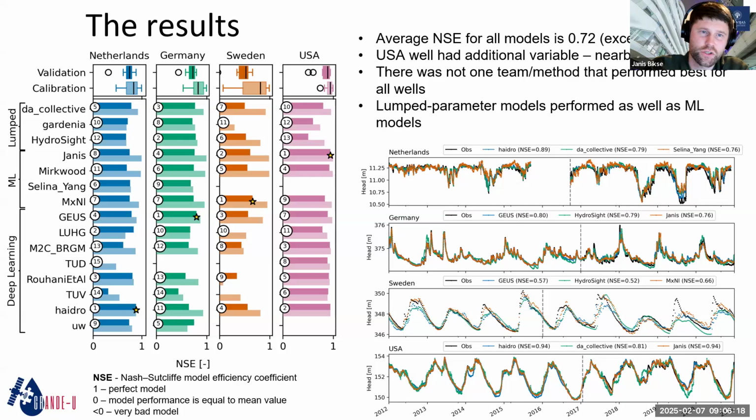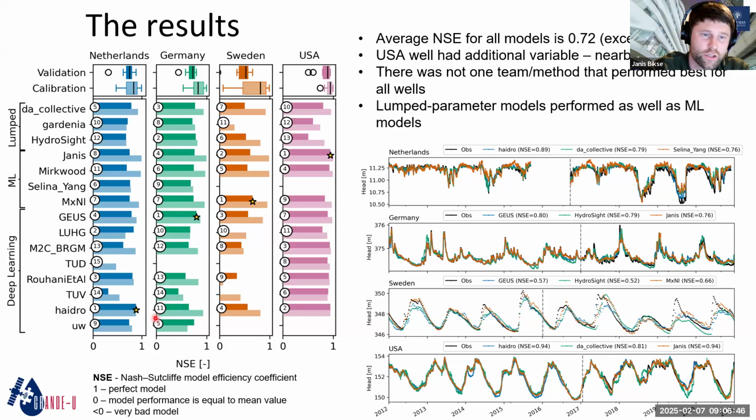And we can see also, according to different metrics, and in this case, I have selected the Nash-Sutcliffe efficiency score, how these models performed for each well. And we can see which team and which model were the winner for each of the wells. One of the conclusions is that there's not one single team or one single model that makes the best model for all the 4 wells.